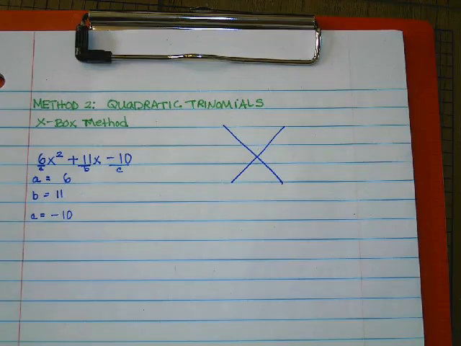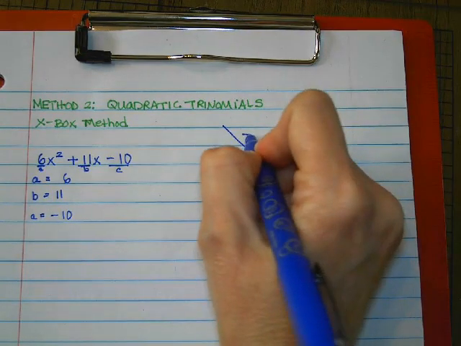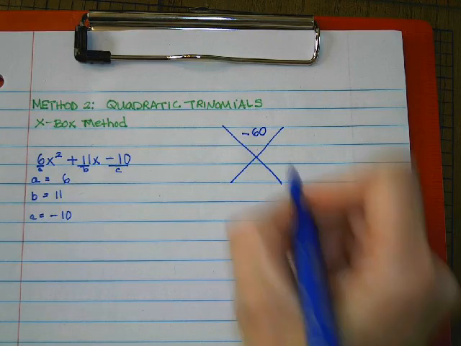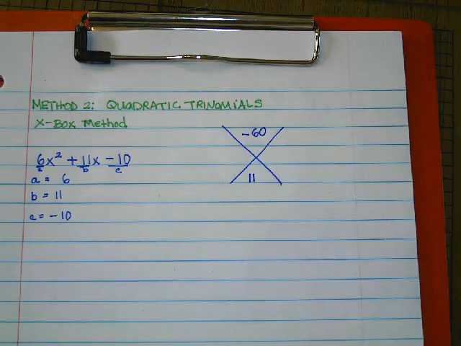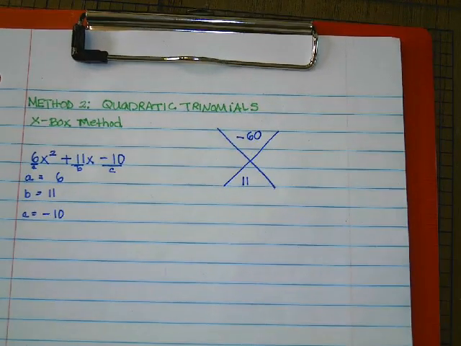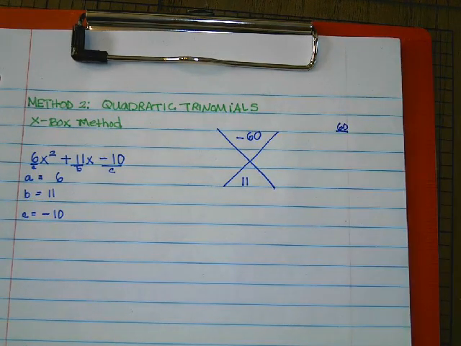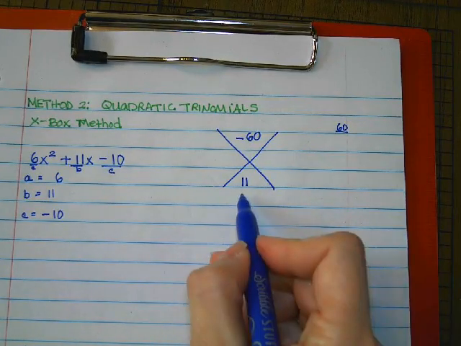We're going to multiply A times C. So what is 6 times negative 10? That's right, Coco. It's negative 60. And our B value? That's right, Geo. It's 11. So now we're looking for factors of negative 60. When I multiply numbers to get 60, I need them to add to be a positive 11.